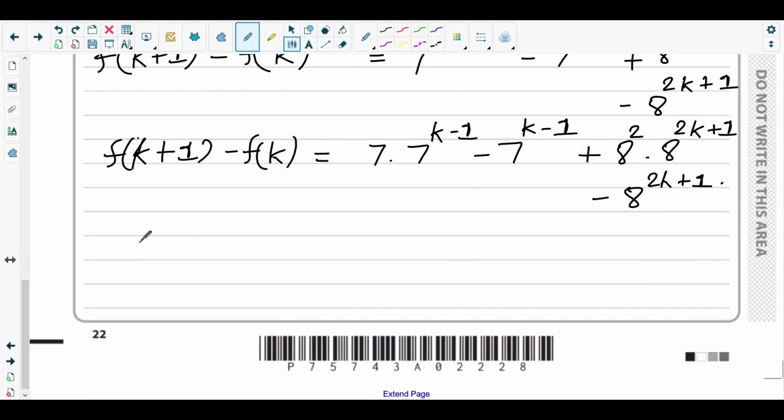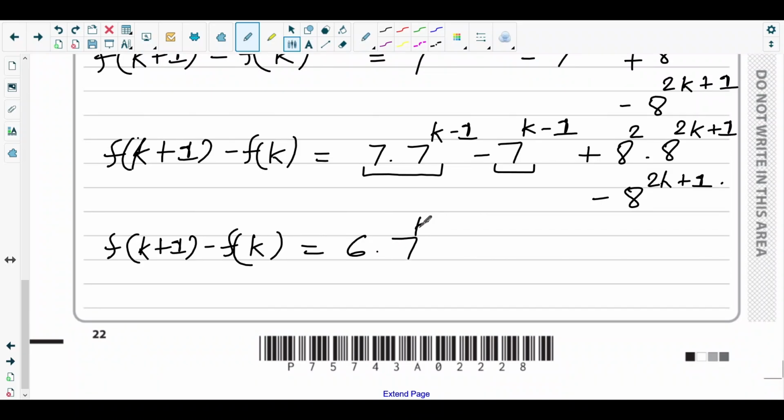So f of k plus 1 minus f of k can be written as, from 7 we are subtracting 1, so that would be 6 times 7 to the power k minus 1, and 8 squared is basically 64, so 64 minus 8 is 63 times 8 to the power 2k plus 1.